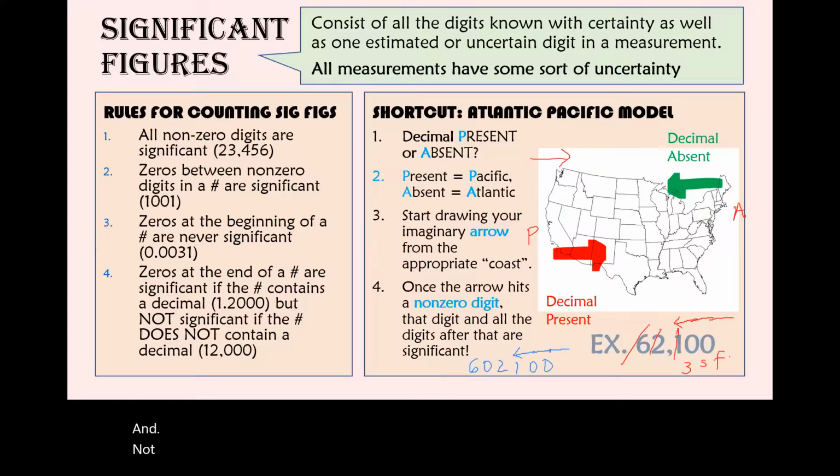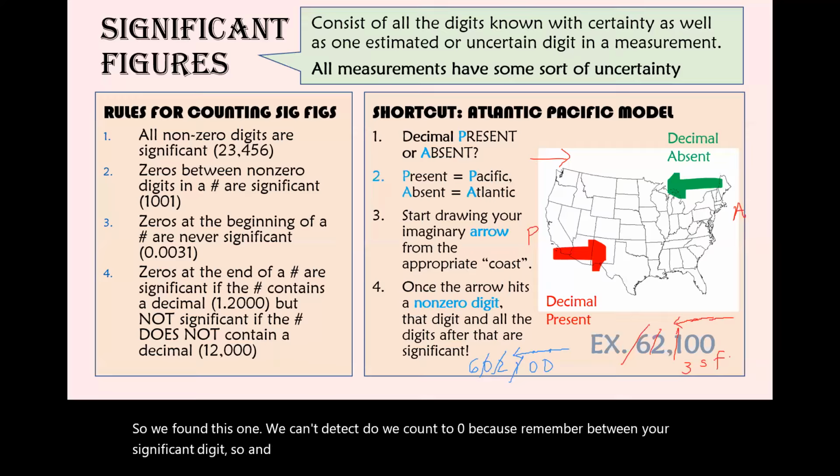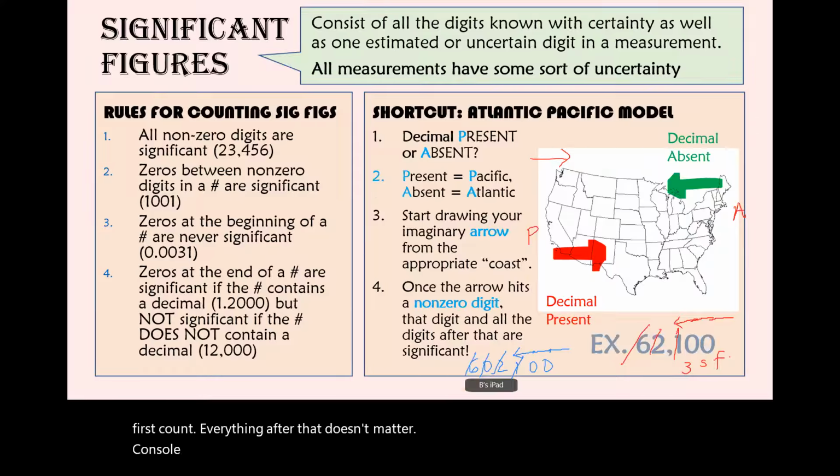So we count this 1, we count the 2, we count the 0, because remember, it's between your significant digits. Just remember the basic rule: the moment you hit the first non-zero digit, count everything after that. Doesn't matter if it's a 0 or whatever, just count everything after that. And then we also count the 6. So this is going to be 4 significant figures in this number.